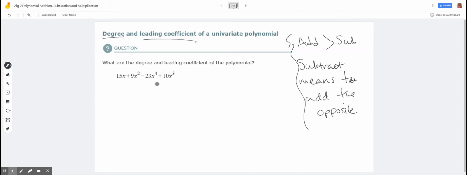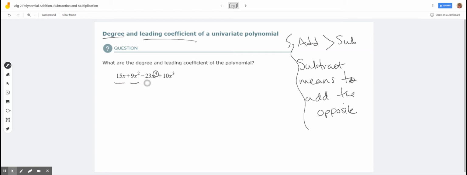Leading coefficient is going to be the coefficient of the highest degree. So the degree is the number of the largest exponent, and that's going to be your first term in that polynomial.